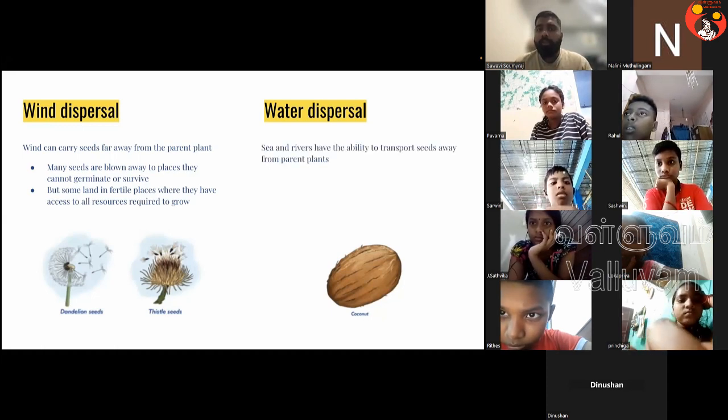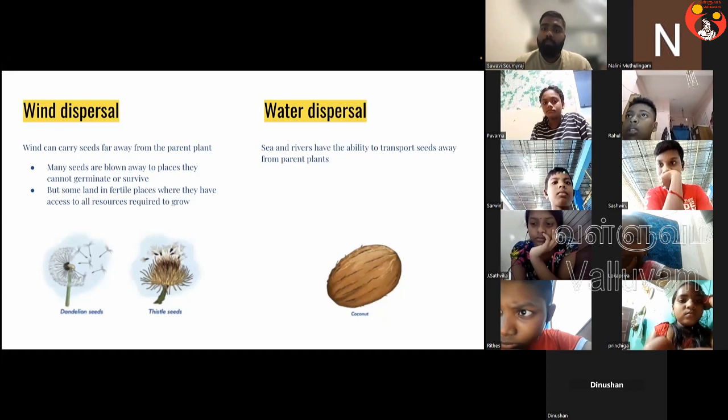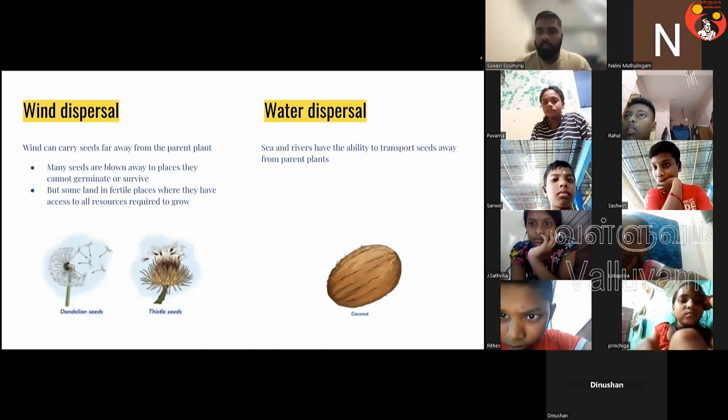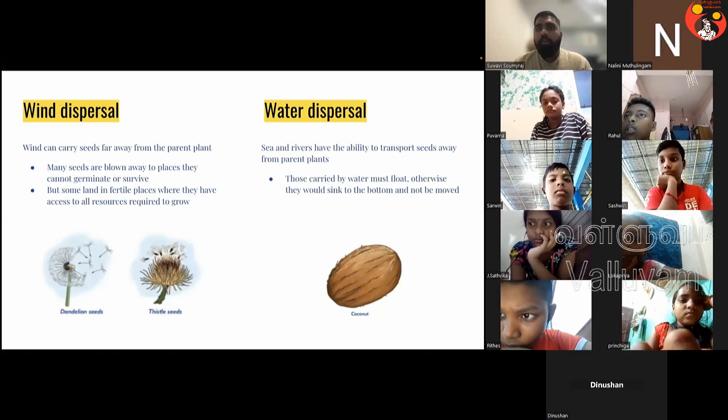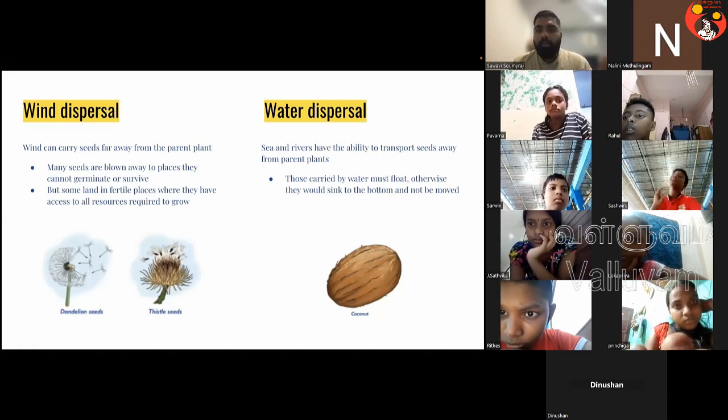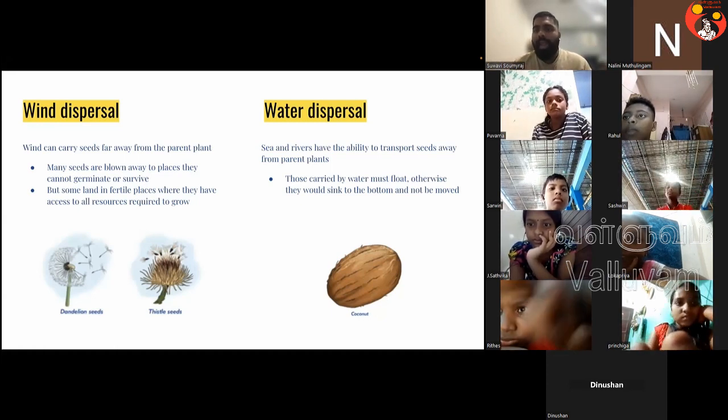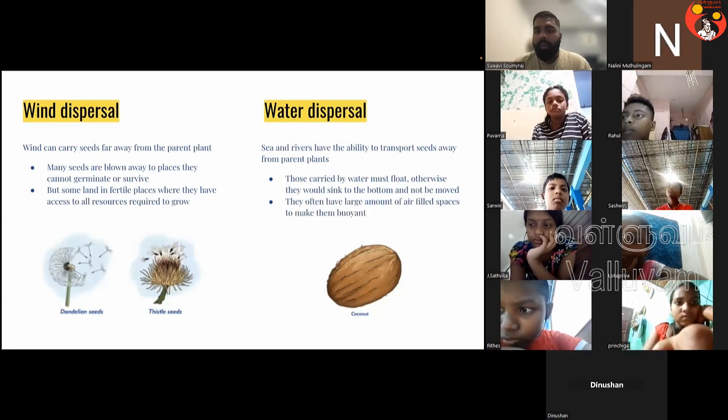Water dispersal is the other method, where through the use of seas and rivers, seeds are transported away from the parent plants to new areas. For water dispersal to take place, the seeds being transported need to have a fair amount of air-filled spaces, right?